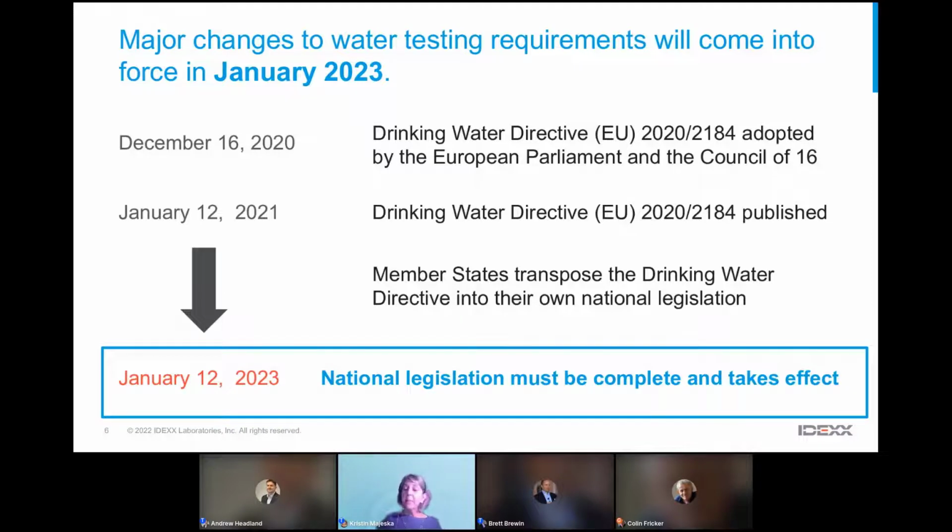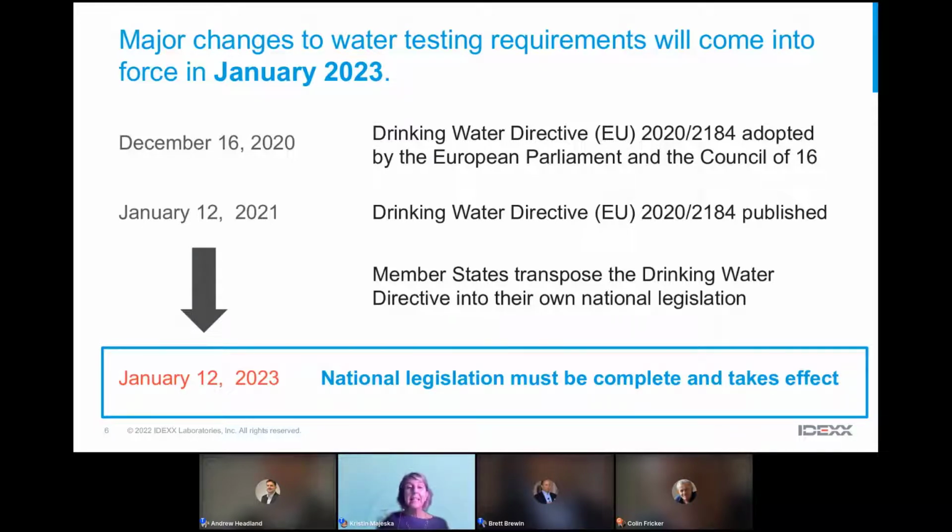The directive was then published in January of 2021. And I'd like to note that it is available on the European Union website, and it's available in every language of each member state, in case you'd like to take a look at the full document. The clock then started ticking on that same date of January 12th, 2021.